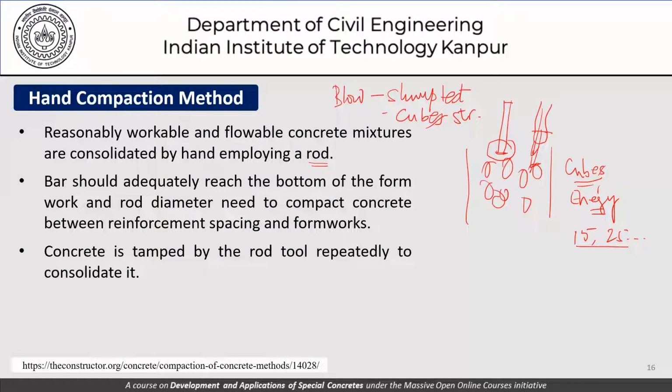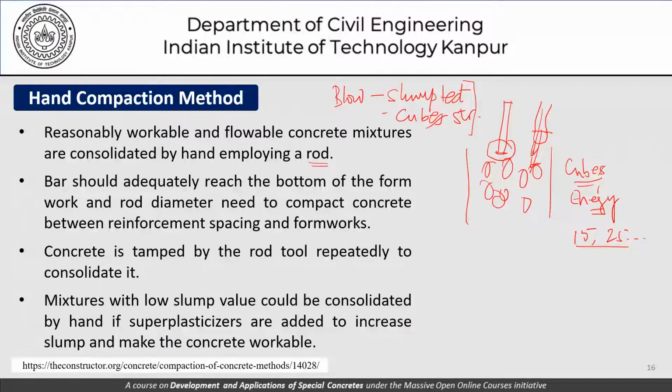Once you have these numbers, the numbers are there for standardization, as I said, so that a standard amount of effort has been put in across all cubes, and therefore the strength can be compared only on the basis of the raw materials. Mixtures with low slump values could be consolidated by hand only if superplasticizers are added to increase the slump and make the concrete workable.